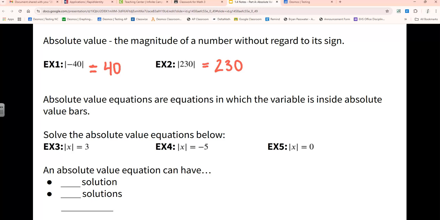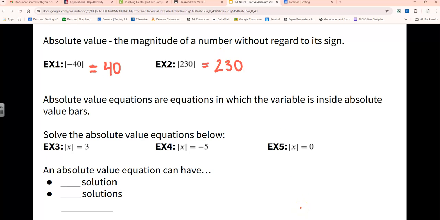What happens if you throw clean clothes into the washing machine? They don't get dirty, right? They just come out still clean. So if you put a positive number into absolute value bars, like clean clothes, it just stays clean. It doesn't really change anything. So it just washes away the negative sign. So you should get positives in both of these cases.